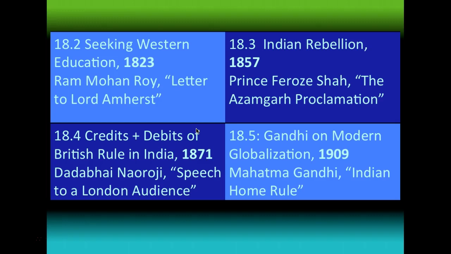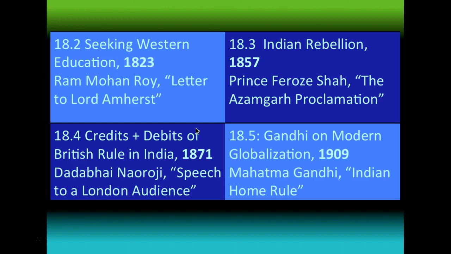The guy's name is Naoroji, and he wrote a Speech to a London Audience. And he basically breaks down the great things that the British have done, gives them a lot of credits. You've provided us with education.